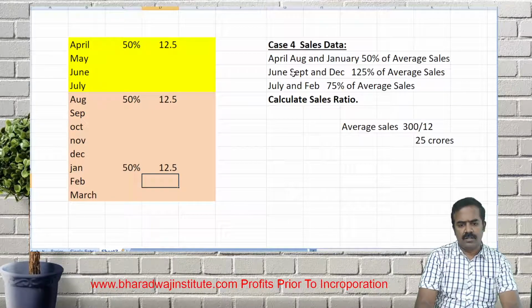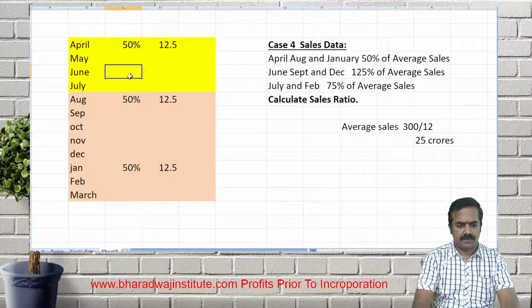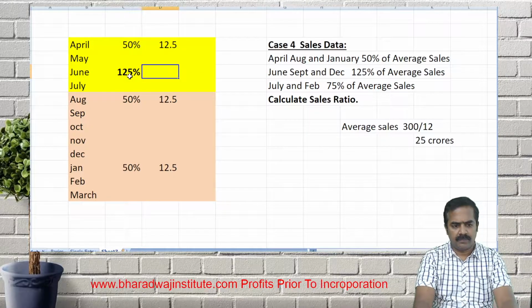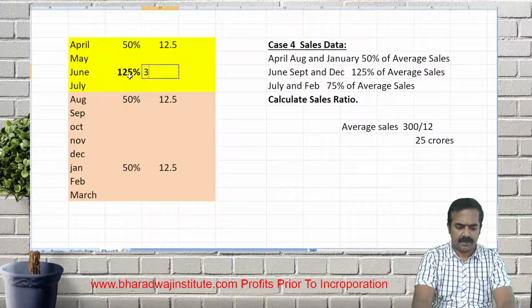Then June, September and December, 125% of average sales. 25 into 125% is 31.25.